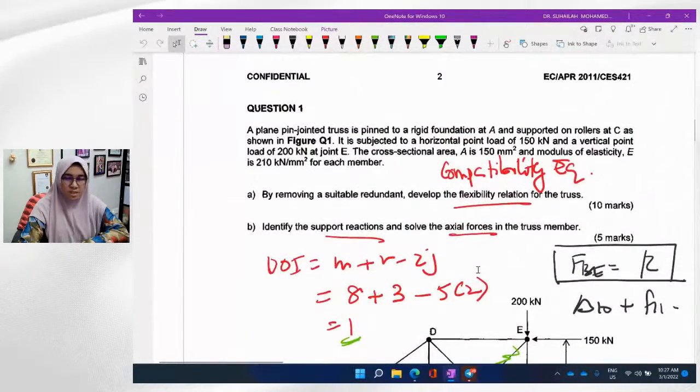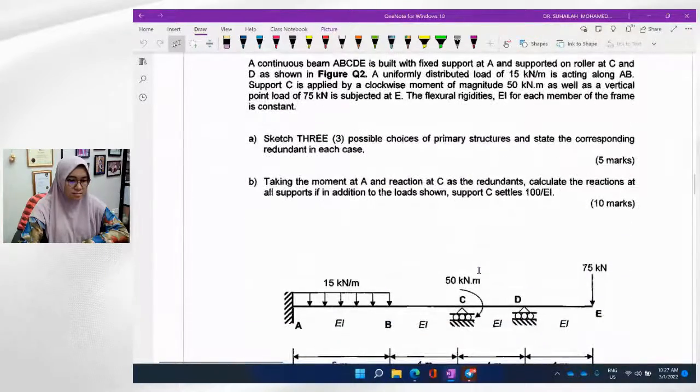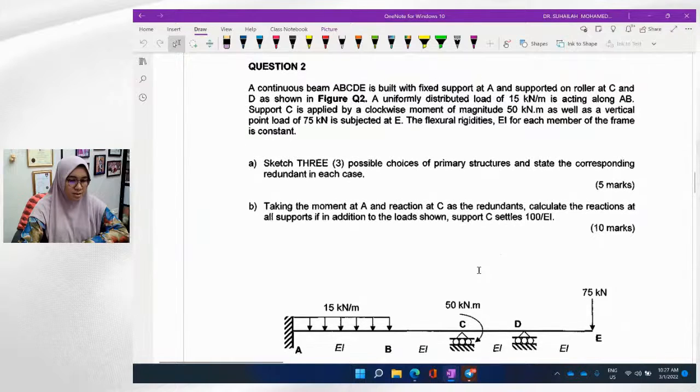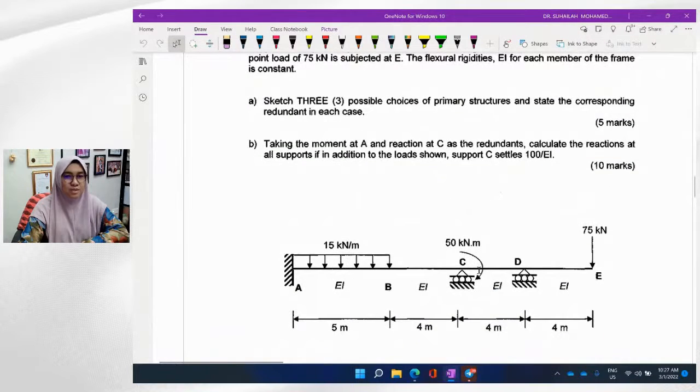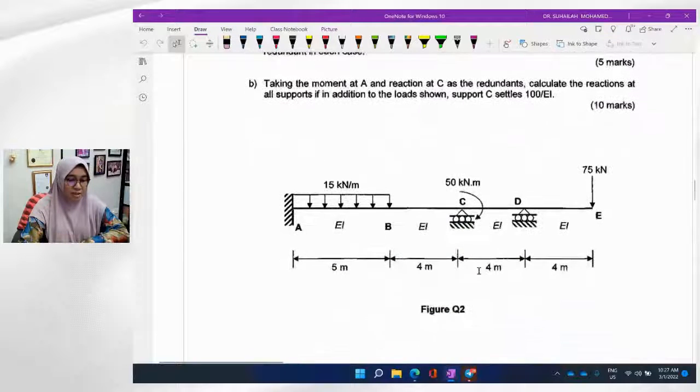This is the flexibility method. This is an indeterminate beam, and the question is for the flexibility method. Can we analyze this beam using the stiffness method?